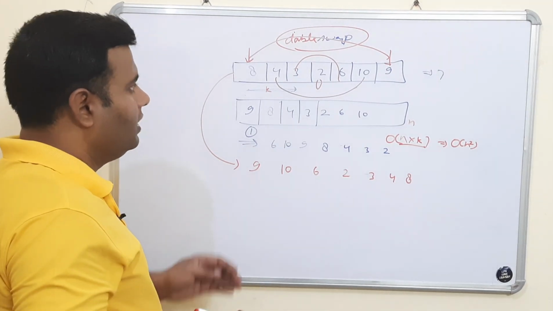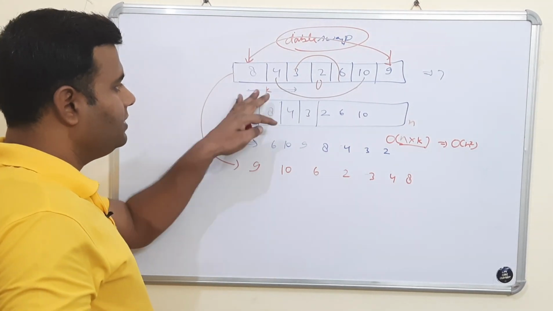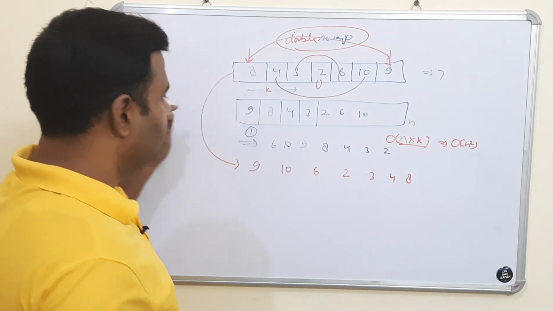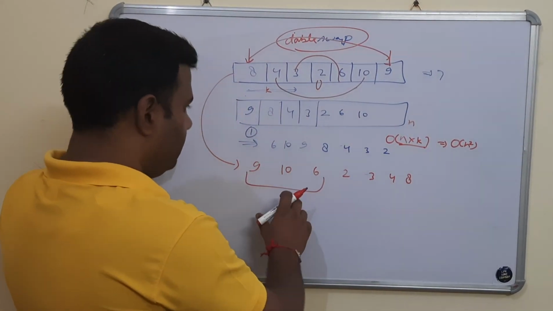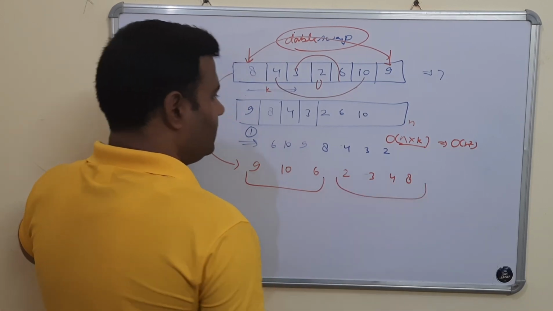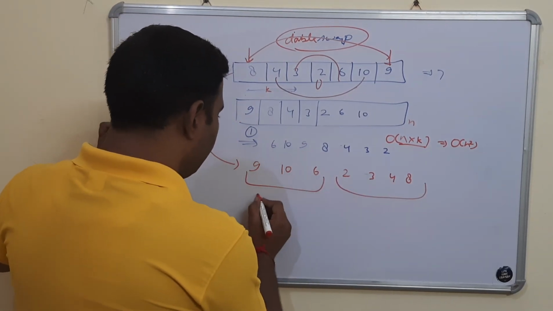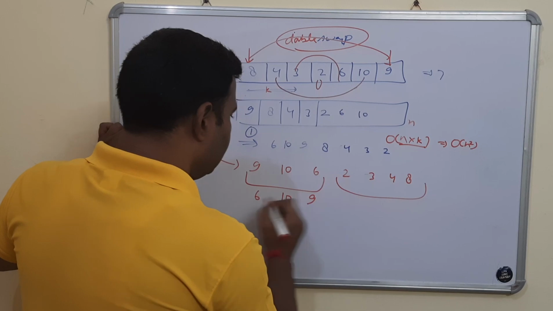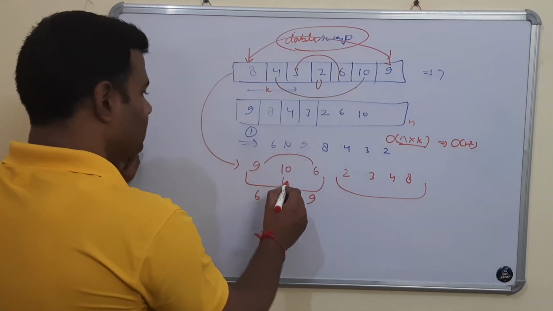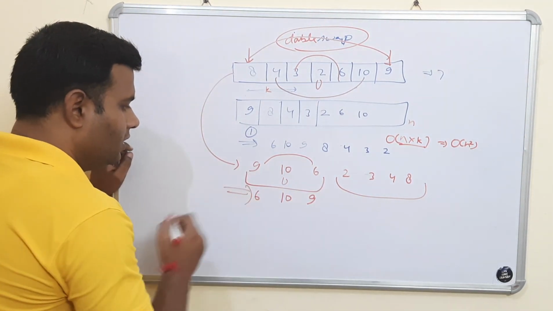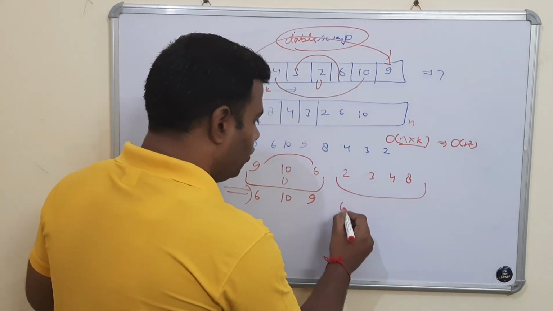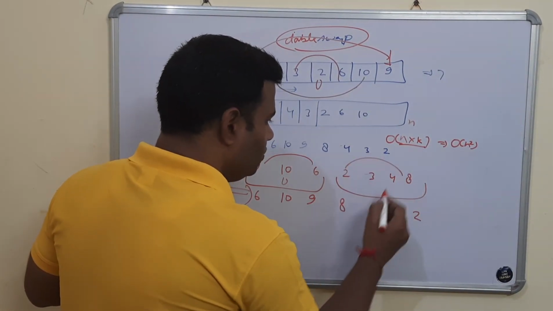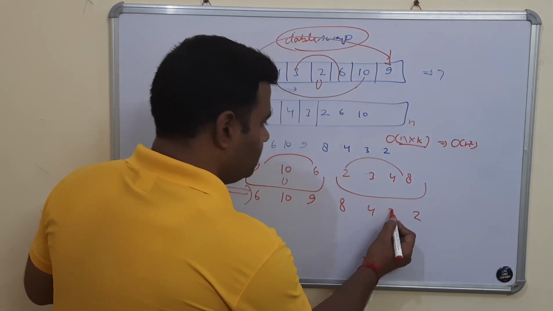Now you are given a k, and you have to rotate by k. So you take the first k elements, swap them, and swap the rest of the elements. The swapping of this will give 6, 10, 9, because you are swapping this and this, and this one element remains in place. So this is your output for this sub array. Now for the remaining array, you again swap, and the output will be 4 and 3, right?